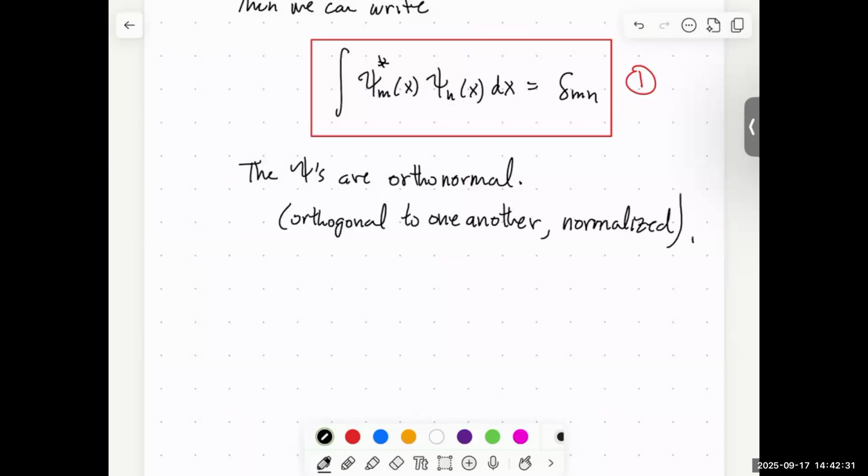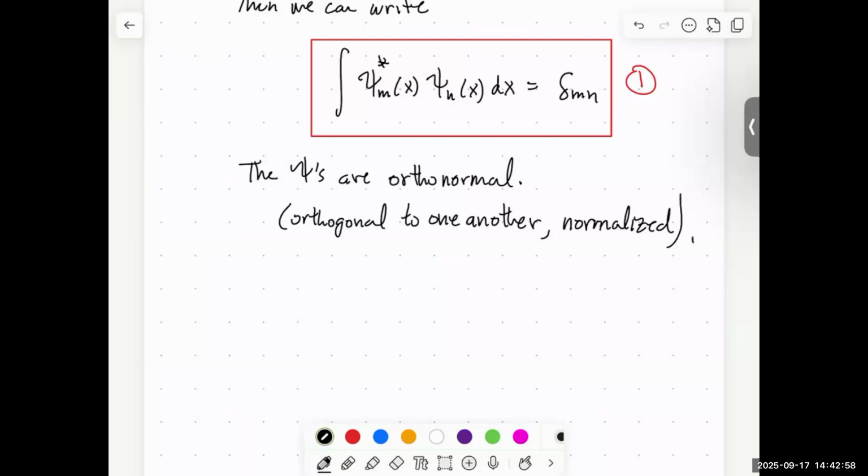The other property that our stationary states, our solutions to the time-independent Schrodinger equation, have is that they form what's called a complete set. We're not going to prove that. If you read Griffiths, he says that the proof is long and arduous, and he's a theorist, so I'm going to take his word for it.